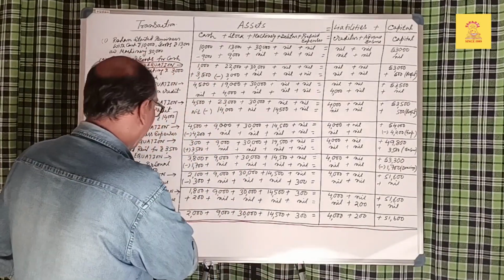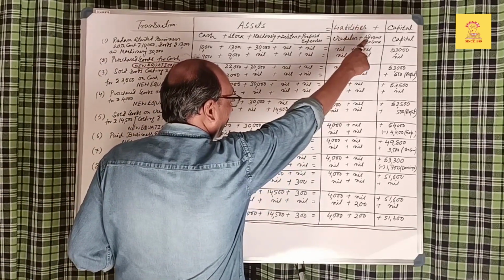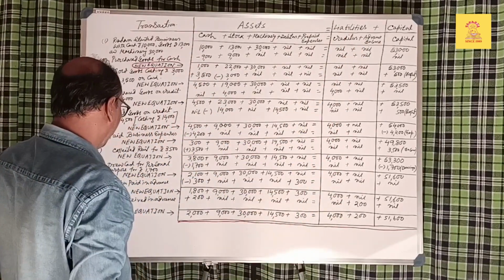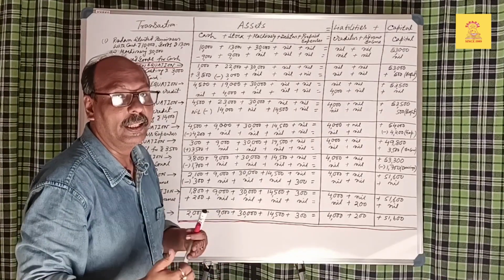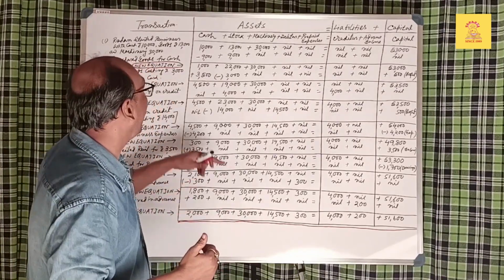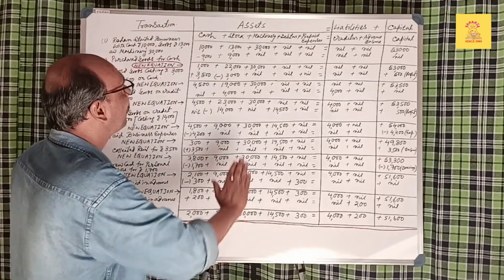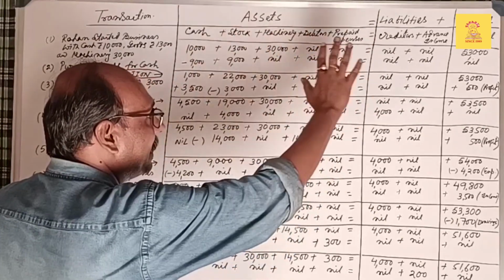So that's why I have taken advance income in liabilities. So another liability introduced is advance income, and it is received in terms of cash. So cash is already written here. So those are the assets, liabilities and capital analysis.